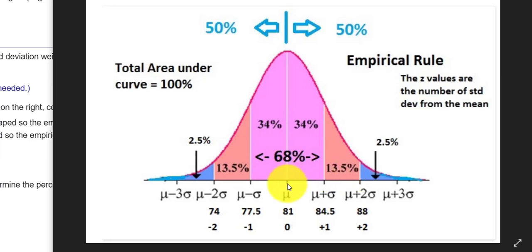If I go in this direction, here's my mean, 1 standard deviation, 2 standard deviations away. You add that, and to the left, you would add 1 standard deviation and 2 standard deviations, which would be these two numbers.